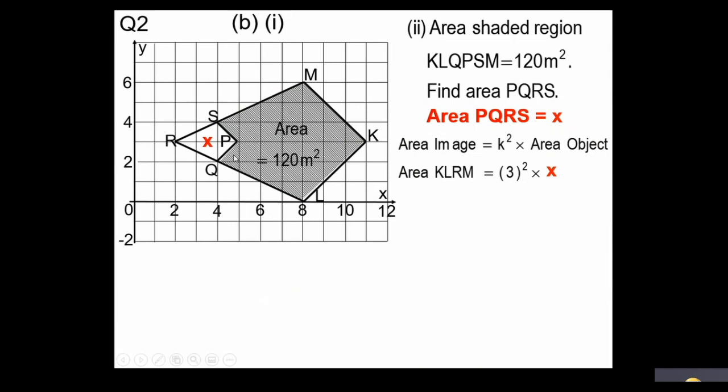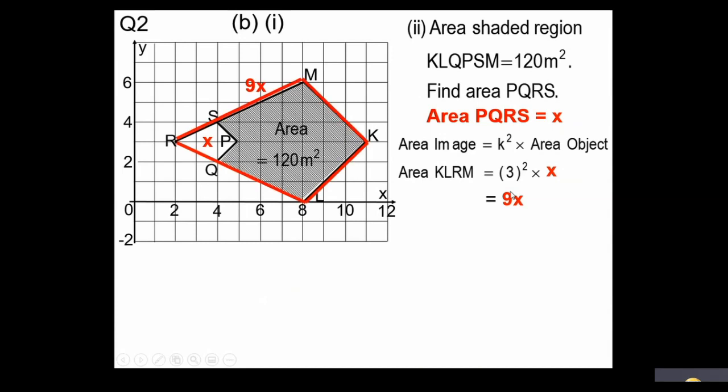You can introduce a variable. You introduce x for the area of PQRS. Remember the formula just now? Image equals k squared, where k is the scale factor, which is 3, multiplied by the area of the object. So the area of KLRM is 9 times x.